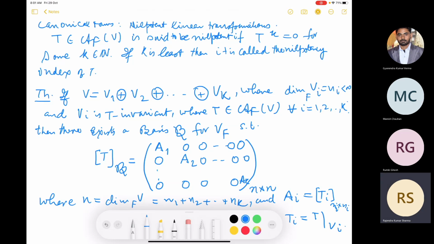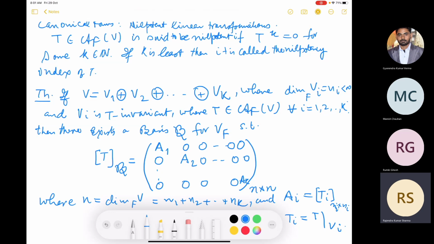And since 0 belongs to the field, it is always triangulizable. What more than that can be said from the last lecture? That if all the characteristic roots of T lie in F, then we have proved that such a linear transformation is triangulizable.